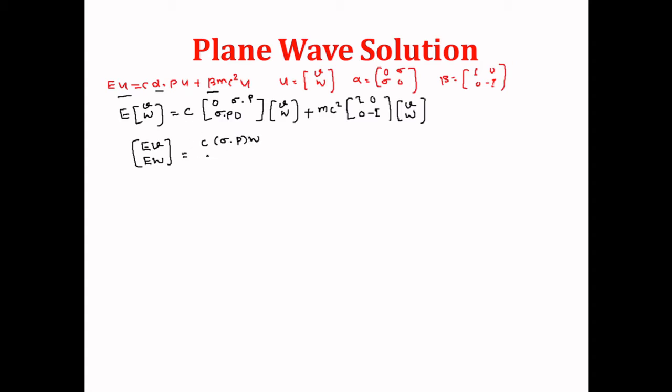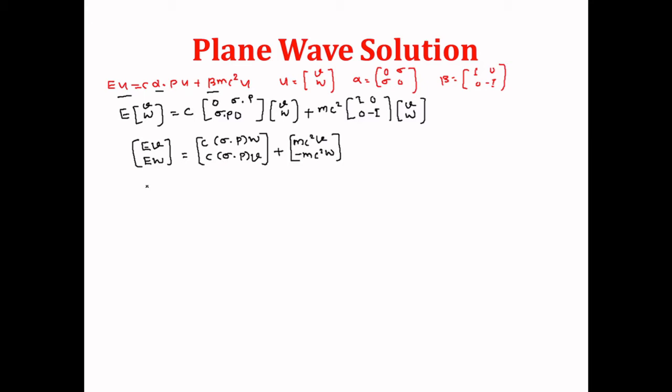Similarly, for the next row, when you multiply, the non-zero element will be sigma dot p into v, so you will get c into sigma dot p into v, plus, here it is mc square, and here the non-zero element will be I into v, I into v is v, and mc square into v is mc square v. Similarly, the next term will be minus mc square w.